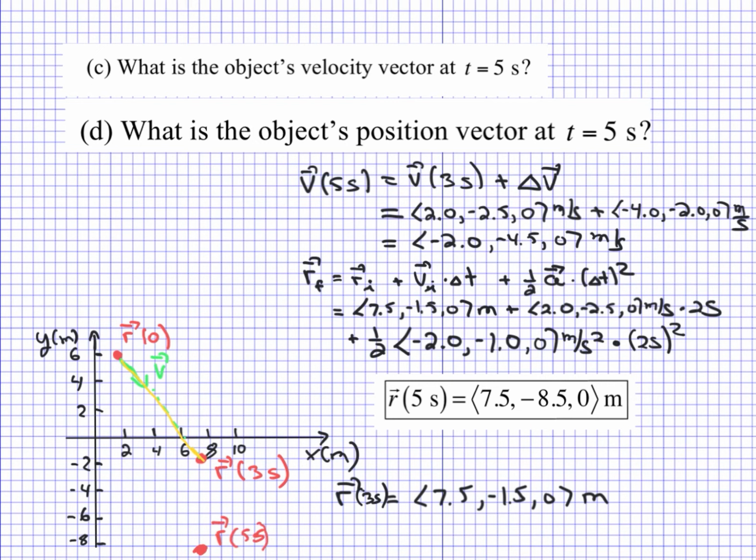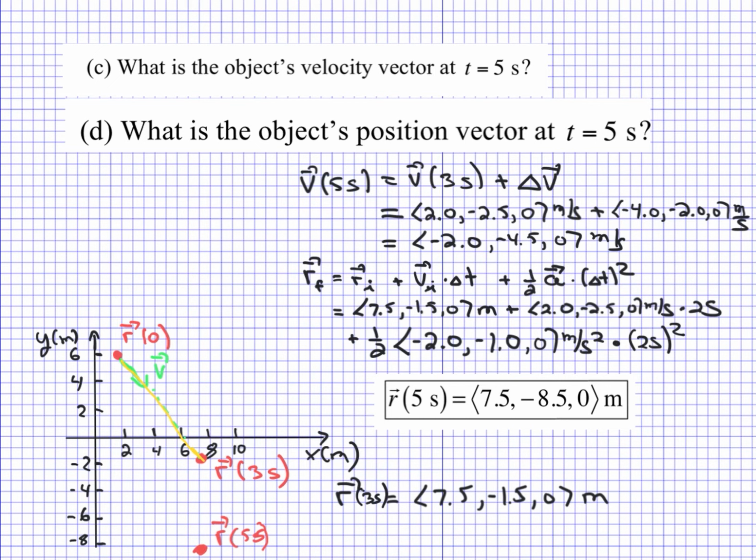And we've already argued that the velocity at this point is pointing, if you look at this velocity vector, down and to the left, sort of down in this direction.